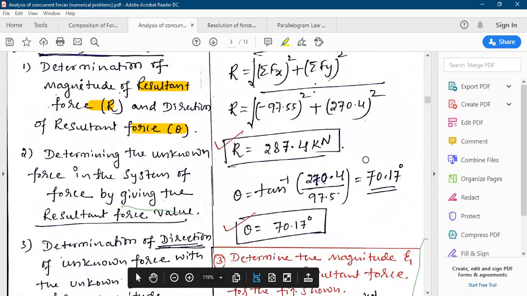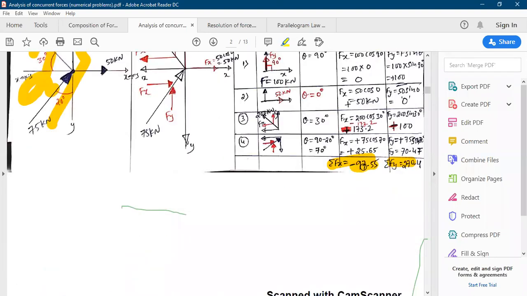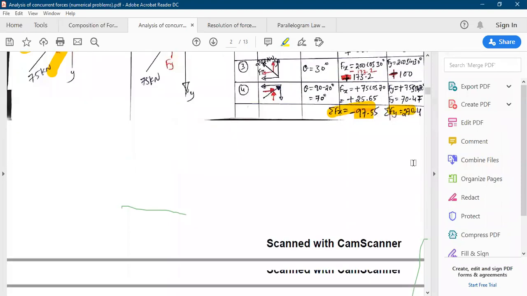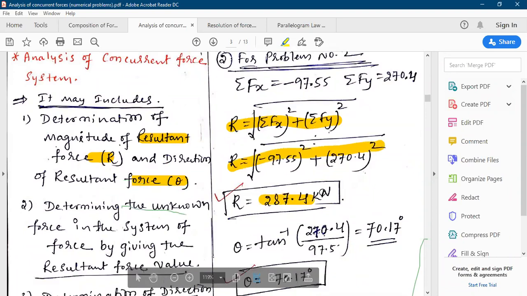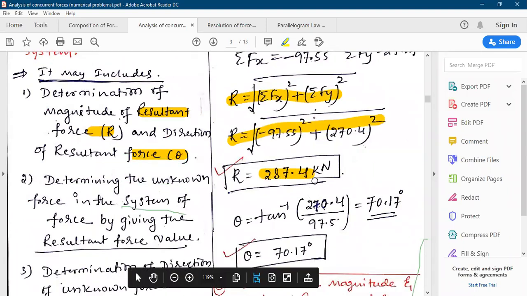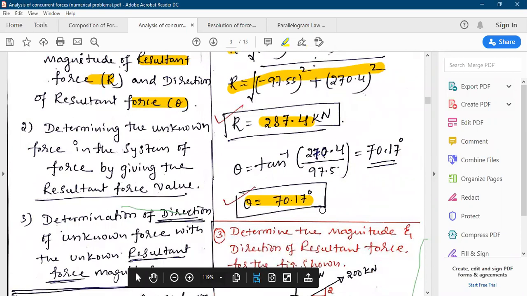For the second problem, we got sigma Fx as minus 97.55 and sigma Fy as 270.4. For that, we got the magnitude of resultant as 287.4, and the direction of resultant as 70.17 degree.